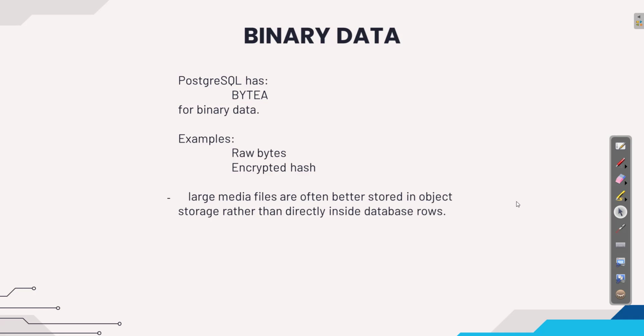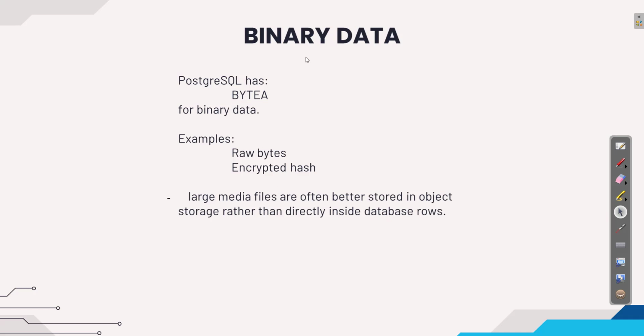Binary data, if you want to save binary data, we can use the bytea type. It is for binary data. We can use it for saving raw bytes or an encrypted hash. Although we can save media files, it is often better to store media or large objects in different storage other than the database rows.